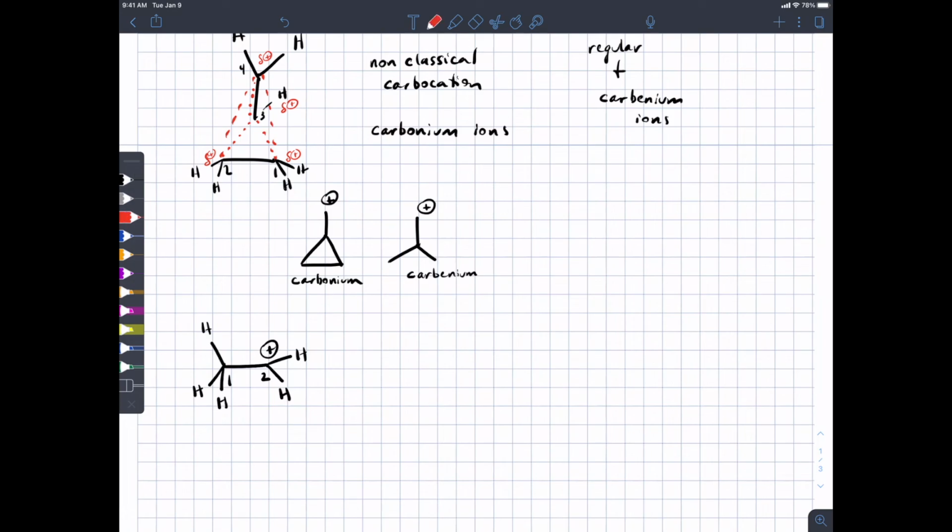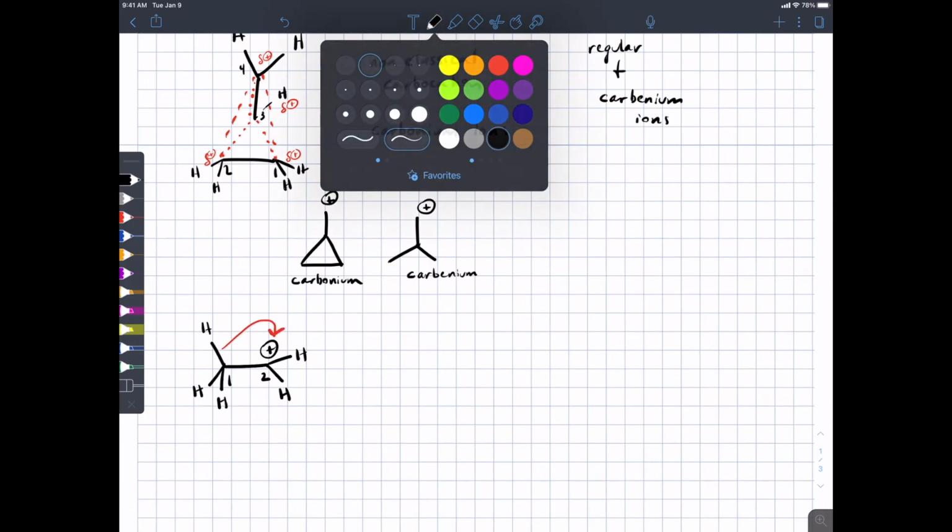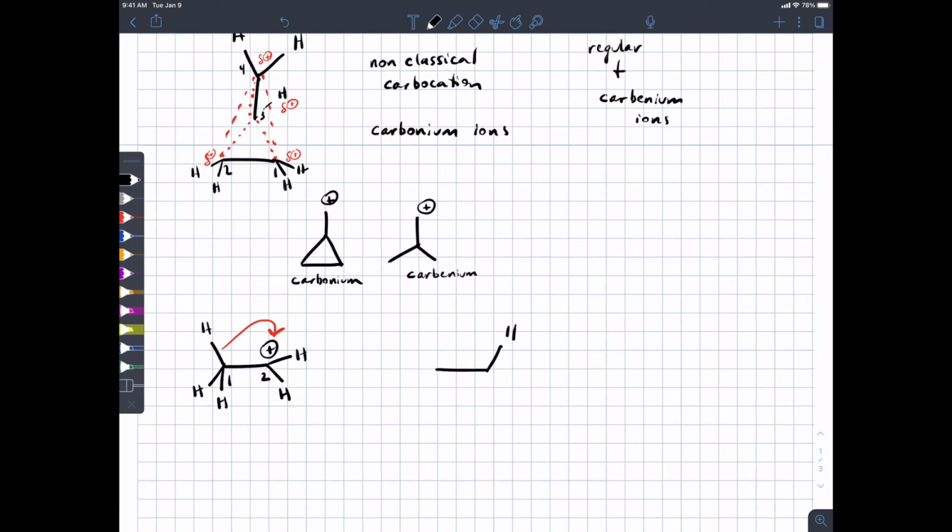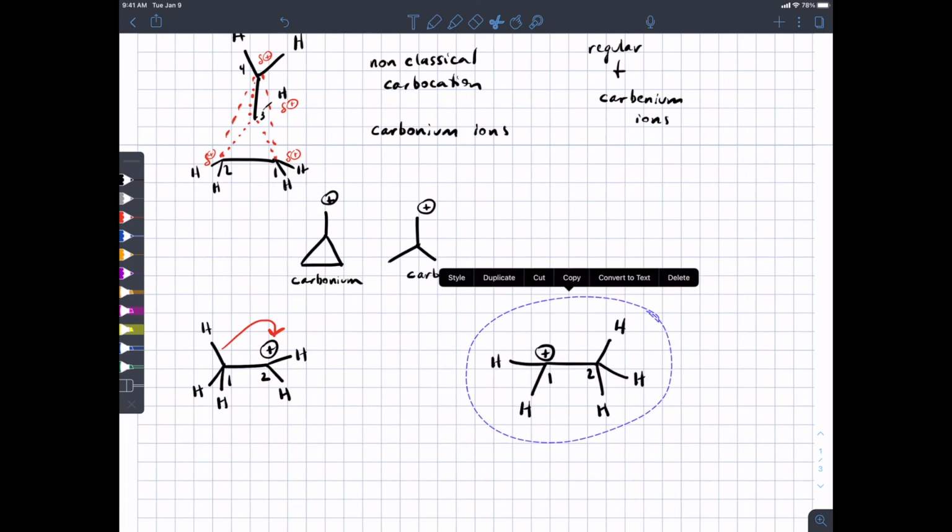And you may have drawn an arrow like this in which the hydrogen leans over with its electrons and makes a new bond with carbon 2 and breaks its original bond with carbon 1. And at this point, you may be saying, those two carbons are identical, so why are we doing this? Well, stay tuned, because even if the reaction is inconsequential, the rearrangement is possible.